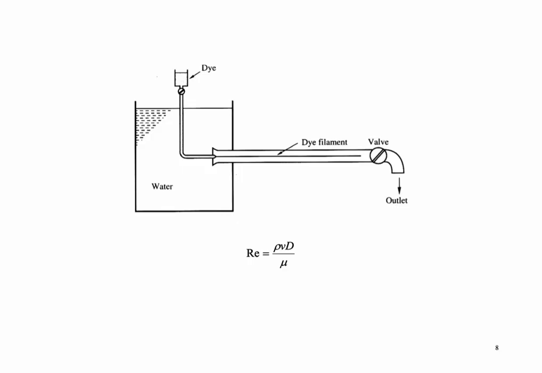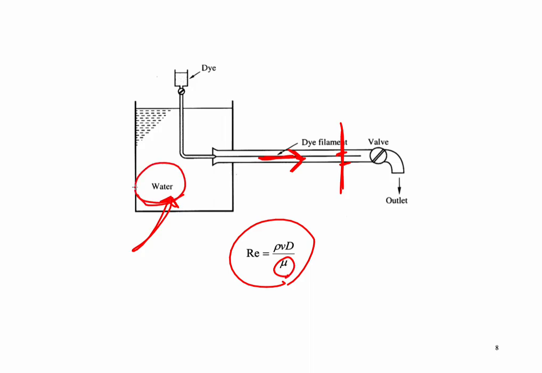The Reynolds number is rho V d over mu. Rho is the density of water in this case. Velocity is the velocity of water moving inside this pipe. The diameter here is the inner diameter of this pipe. And mu is the dynamic viscosity of the fluid, which is water in this case.